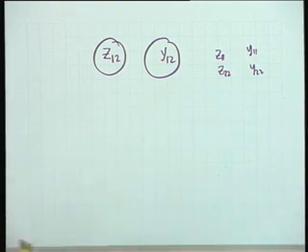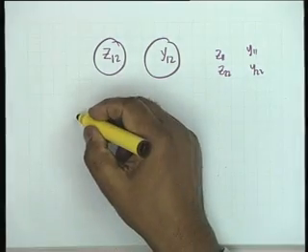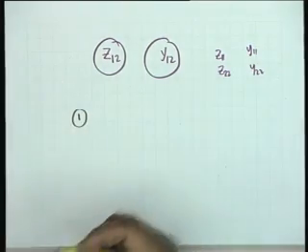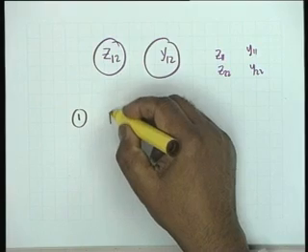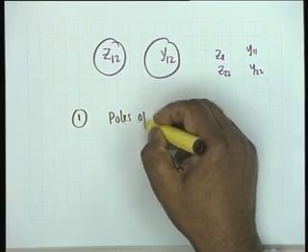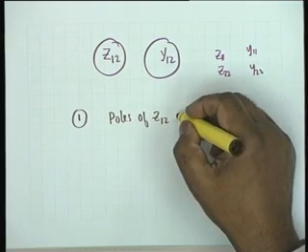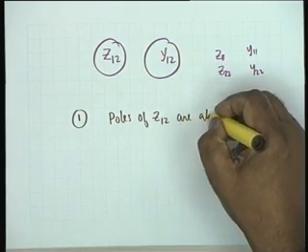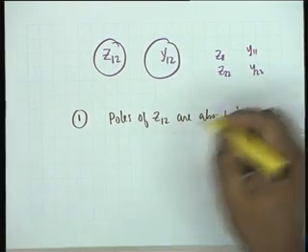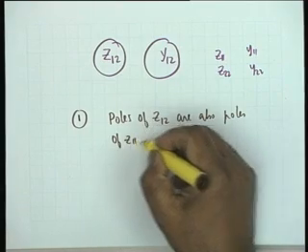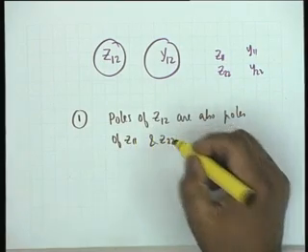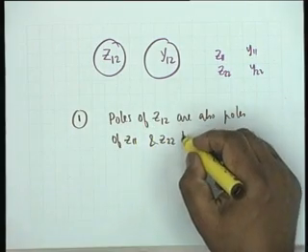There are several properties which are of interest to us at the moment, and we shall discuss only those. One of the properties is that poles of z12 are also poles of z11 and z22 both.